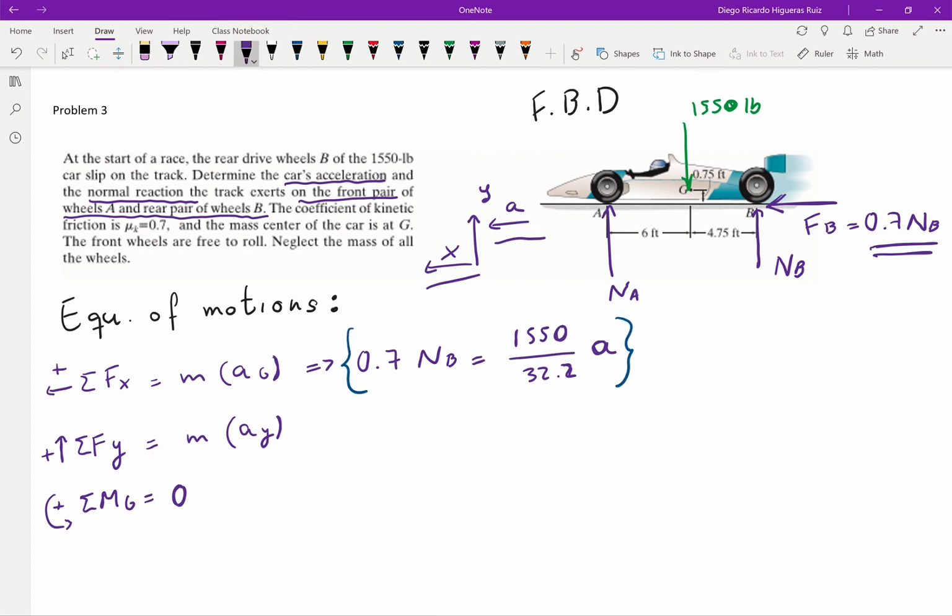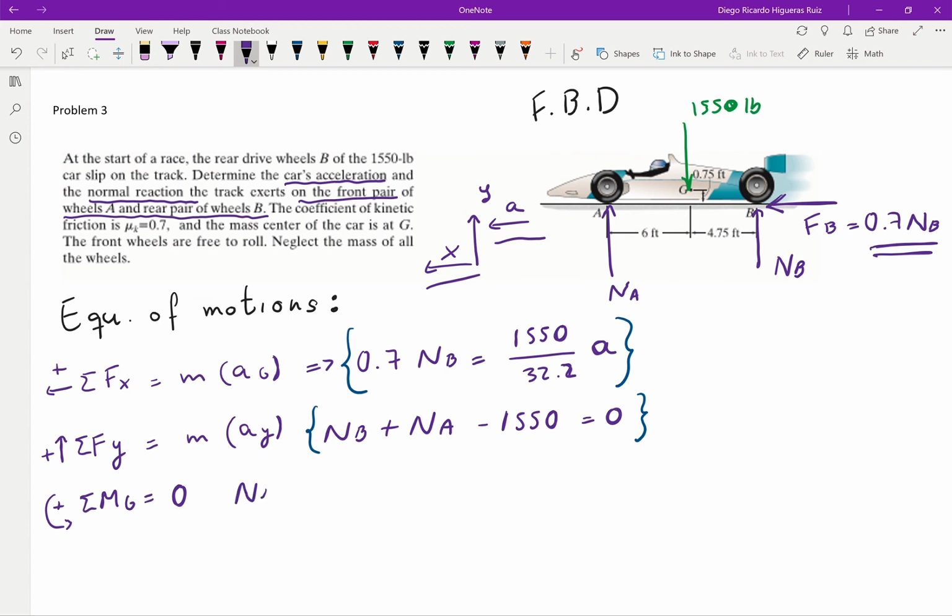Second equation, we're gonna have NB plus NA minus 1550 equal to 0. Second equation right there. And then we're just gonna go ahead and solve for the last term, which is gonna be the sum of moments.